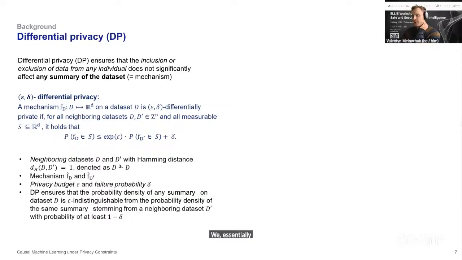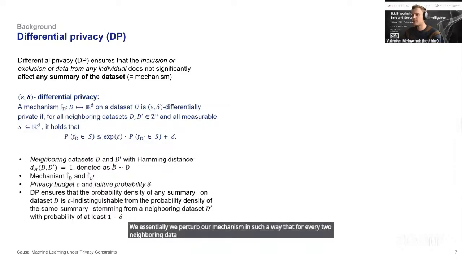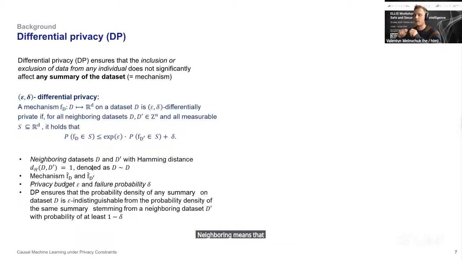essentially we perturb our mechanism in such a way that for every two neighboring data sets, D and D prime, where neighboring means that they differ only in one patient, for example, or one unit of measurement, the outputs of those mechanisms or summaries differ only with a very small probability.